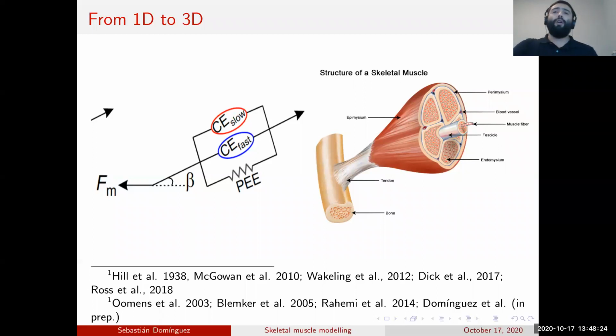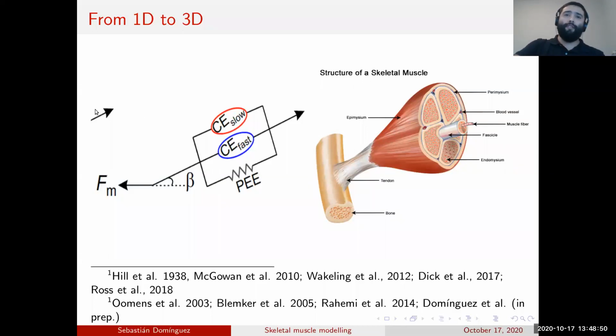There is a very famous model called the hill-type muscle model, which essentially looks like this. It's a non-linear spring, all right? This spring here is called the passive elastic element. That encloses all the information about the elastic response of the fibers of the whole muscle.